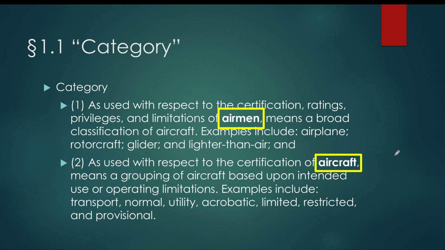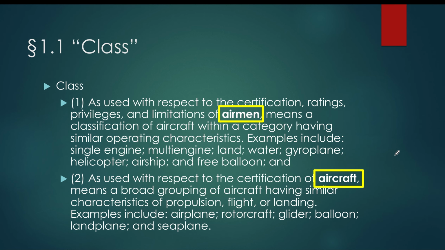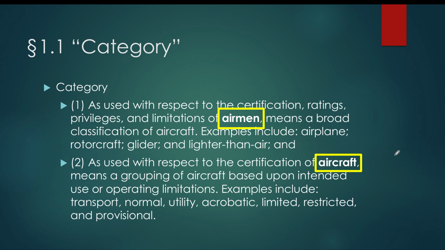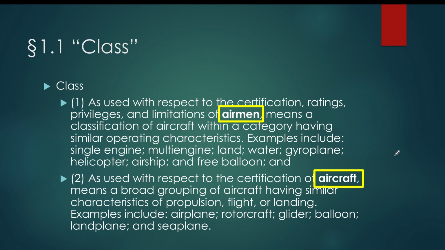Also in 1.1, it's where they talk about categories and classes of aircraft and airmen. It's something that's often confused in my experience. The category of airmen is going to be like airplane, rotorcraft, glider. The class of airmen is going to be single engine, multi-engine, land, water. Now let's go back to category of aircraft. It's a little different. The category of aircraft starts with normal, utility, acrobatic, or restricted, and then a class would be airplane, rotorcraft, glider.